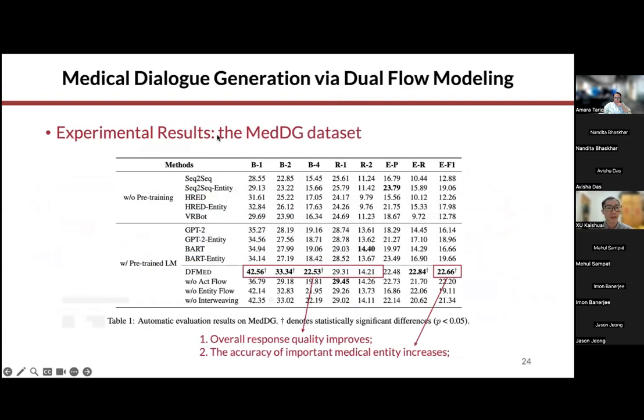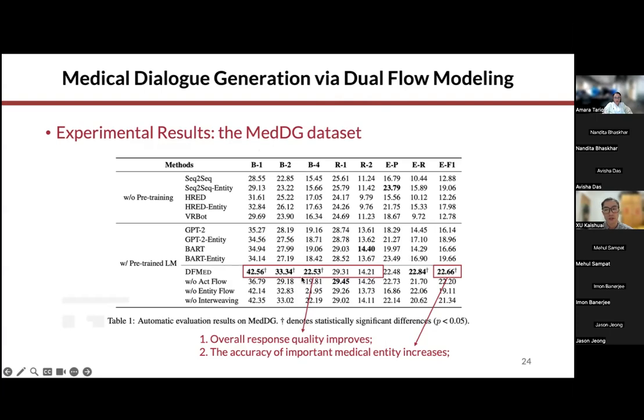Here are the results. We actually apply the model on two datasets. One is the MedDG dataset and the other is the COMET dataset. For the MedDG dataset, our model achieves great accuracy in BLEU and ROUGE.